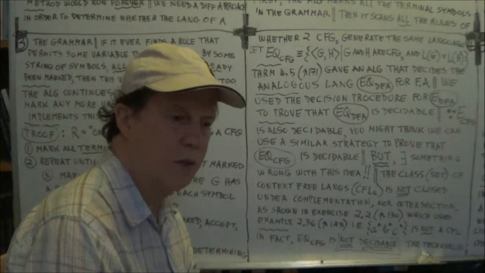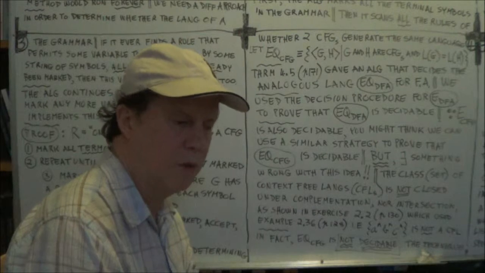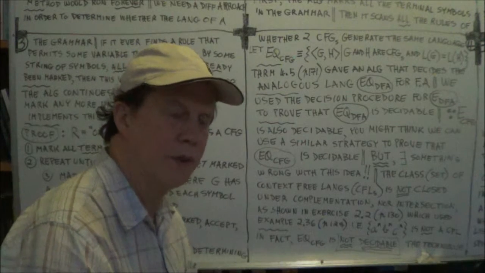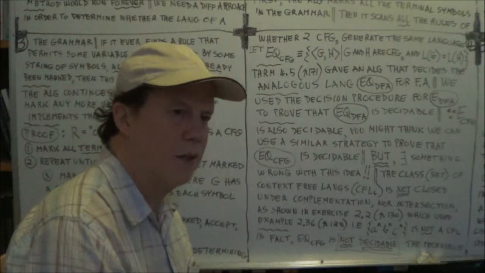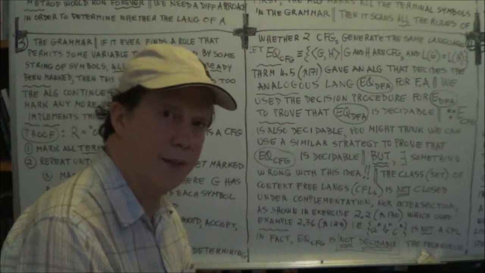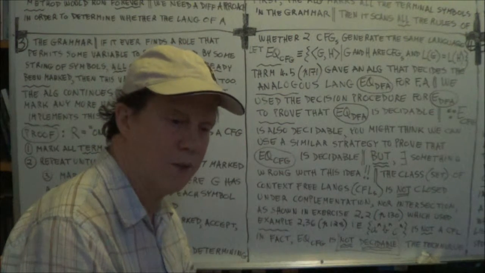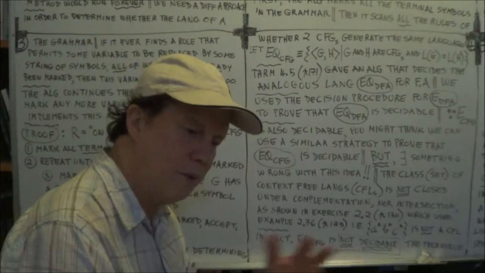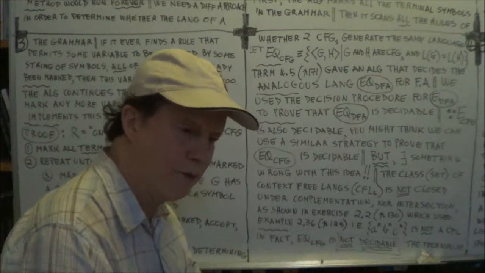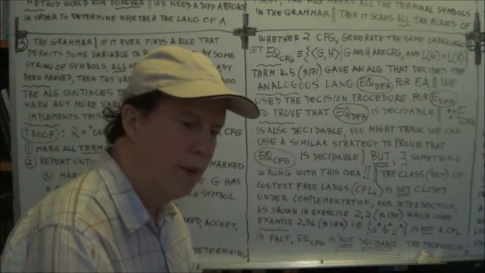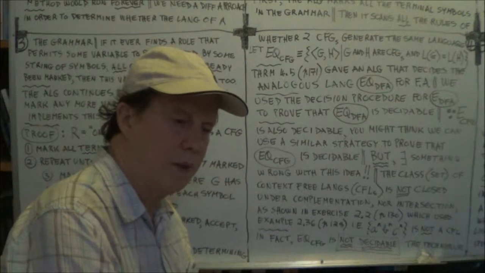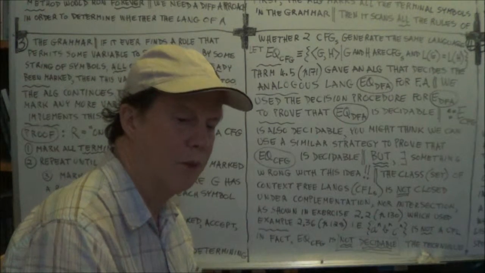We proved you can construct a Turing machine that decides that question, yes or no, whether any two deterministic finite automata, A and B, recognize the same language or not.